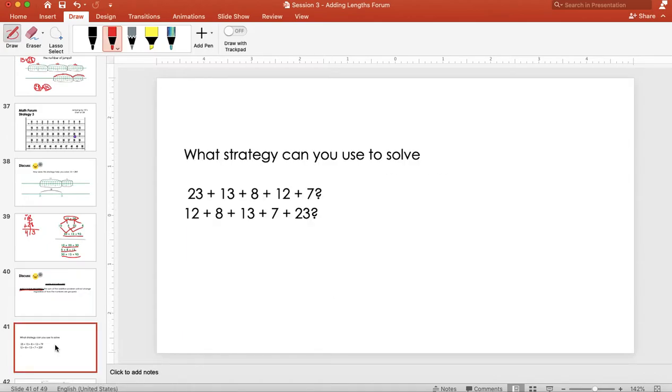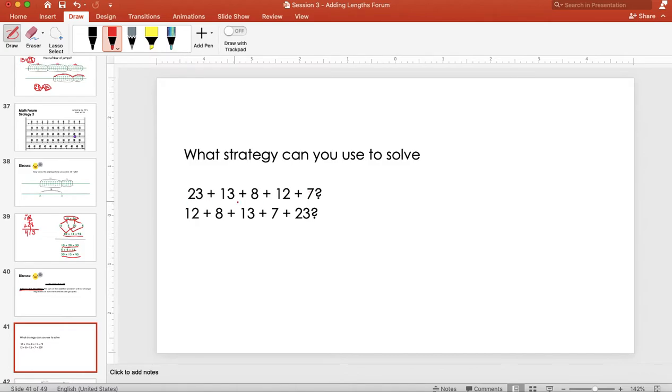We are going to use the associative property. So when we have problems like this, 23 plus 13 plus 8 plus 12 plus 7, we really want to group those numbers together to make it easier.